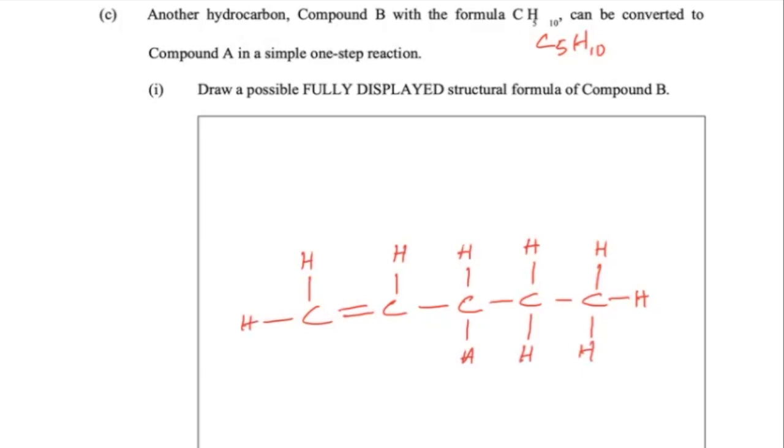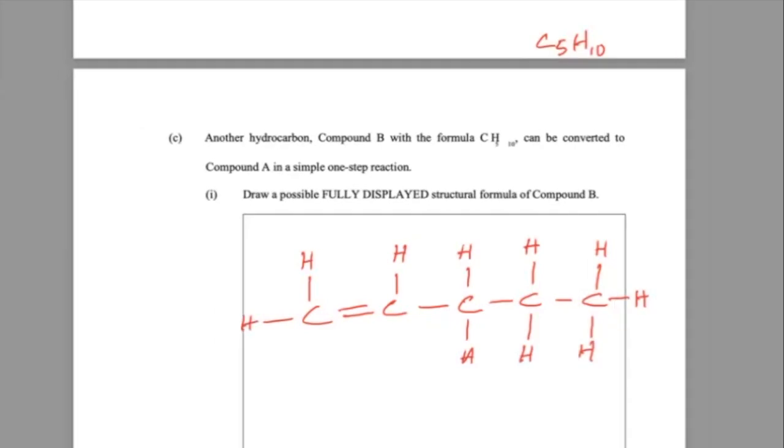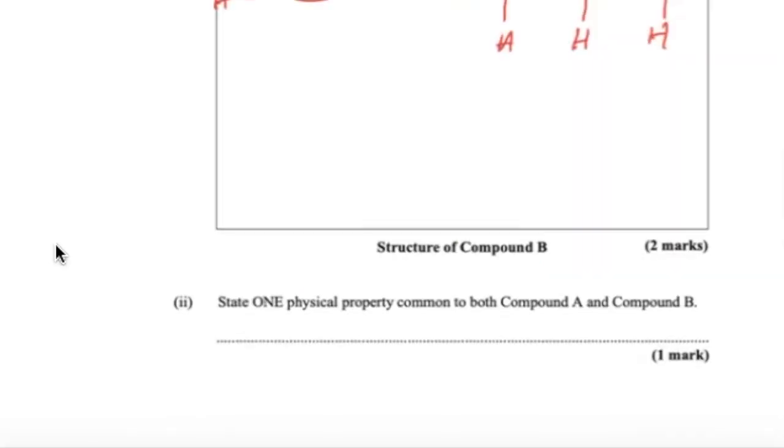Let's see what else they're asking us about pentene. State one physical property of both compound A and compound B. Each of you can give one physical property. So we have pentane and pentene. So this we said is pentene, but they asked us about pentane earlier.